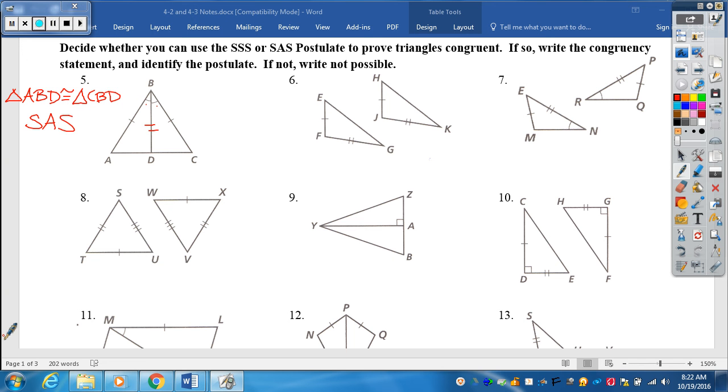For number 6, we've got two pairs of congruent sides, but the triangles are separate from each other. I'd like you to make a special note of this on your paper, and I'll be looking for this when I check your notes. In number 6, I would like you to write down something like this: there's just not enough information, okay?